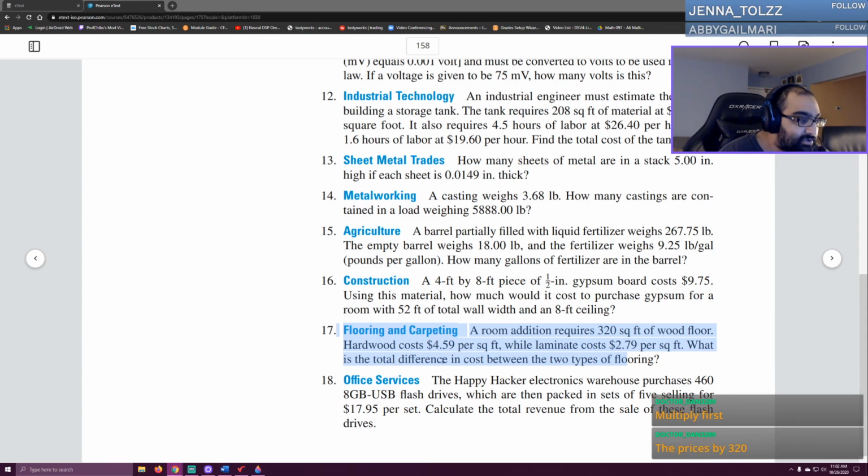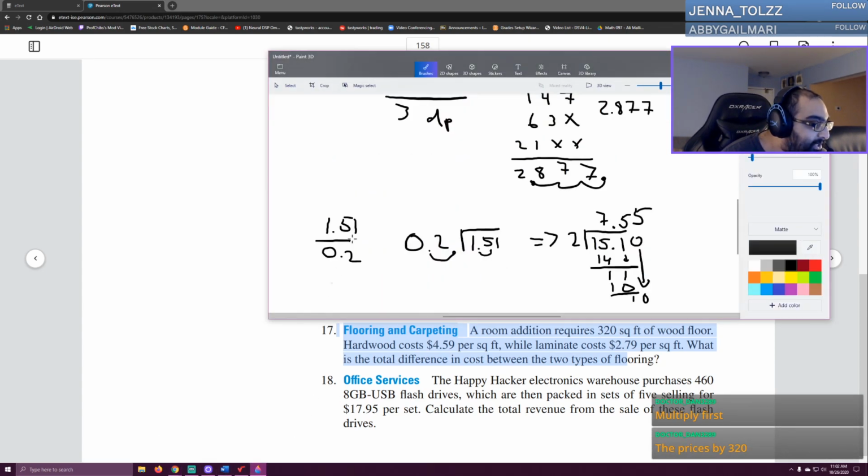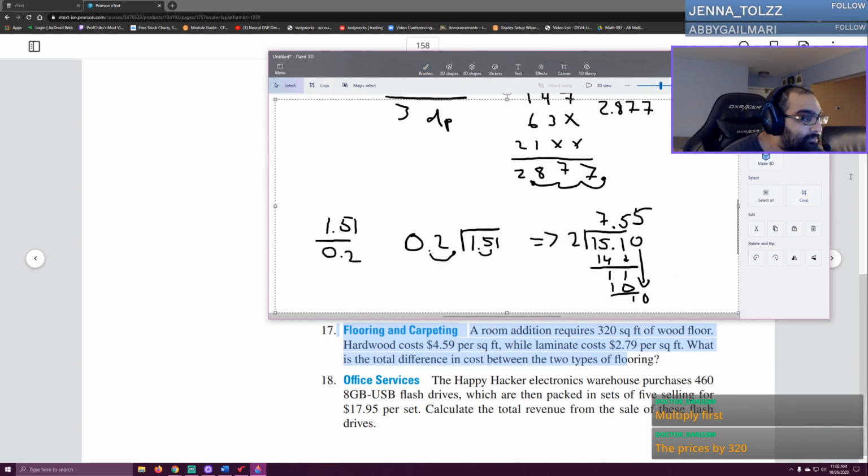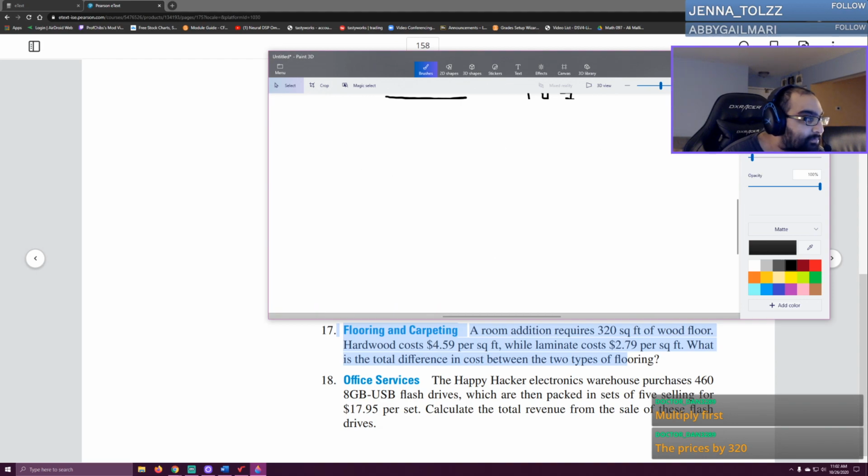So let's multiply 320 by 459. All right, so let's do that. So 320 times 459, what's that going to be? How much would it cost us to buy the hardwood?